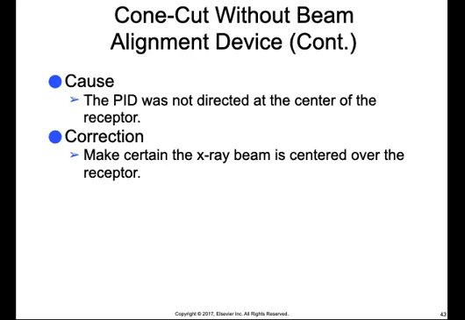The cause was that the PID was not directed at the center of the receptor, so make sure the X-ray beam is centered over the receptor. A cone cut image is most likely to occur when a bite wing tab is used because there is no aiming ring to guide PID placement. So when using a bite wing tab, you have to rely on the anatomical features of the face to make an educated guess as to where your receptor is.